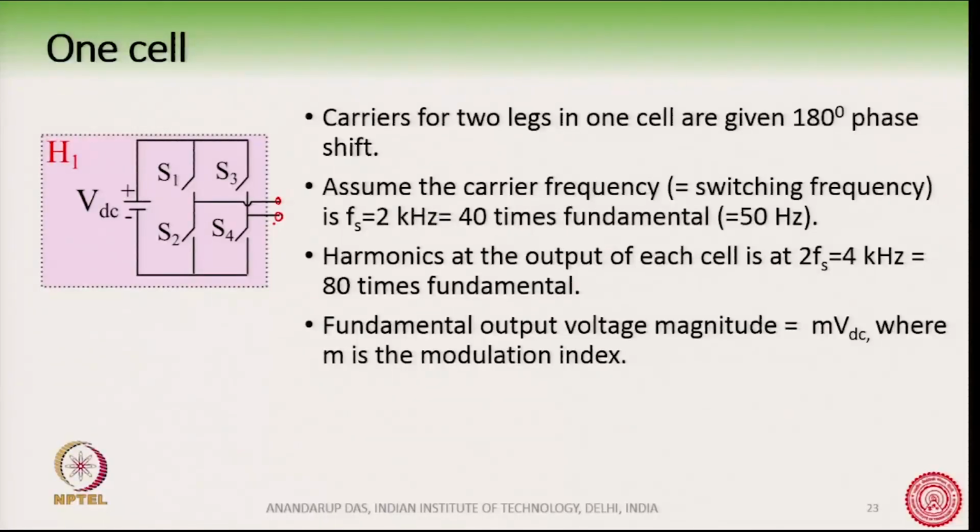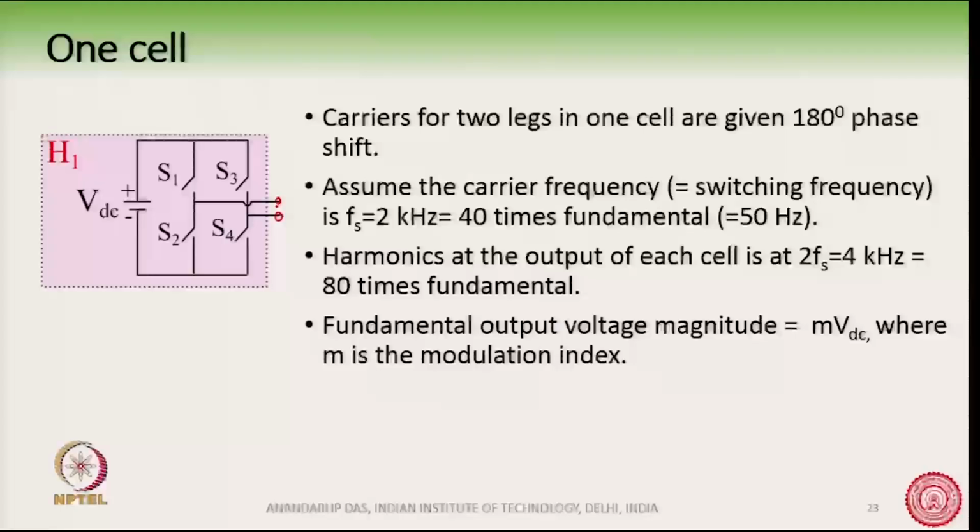So, each cell is switching at Fs, whereas the output, if you see the harmonic spectrum, the first band of harmonics at the output voltage here will be at 2 Fs. This happens because the two carriers are 180 degree phase shifted.